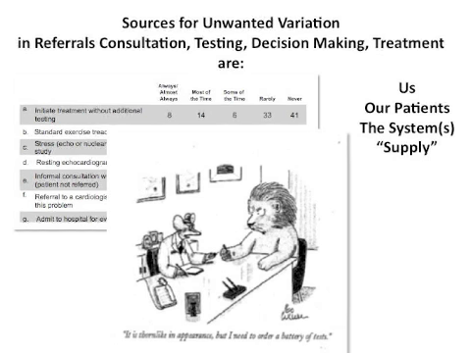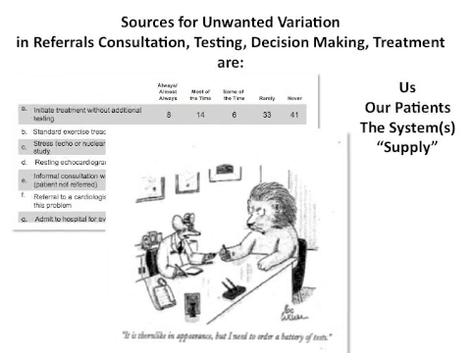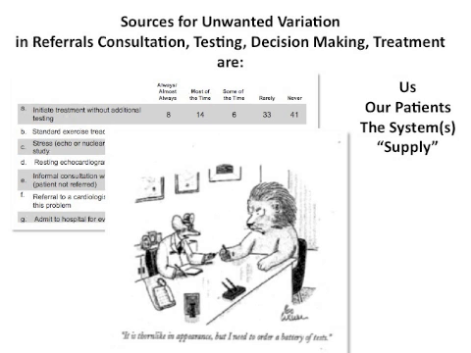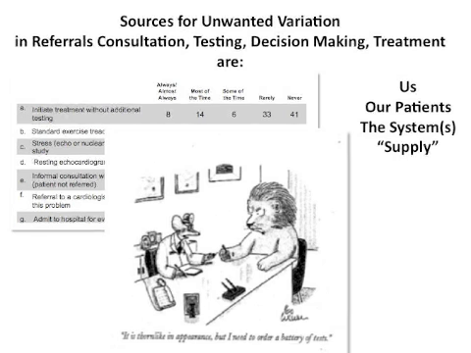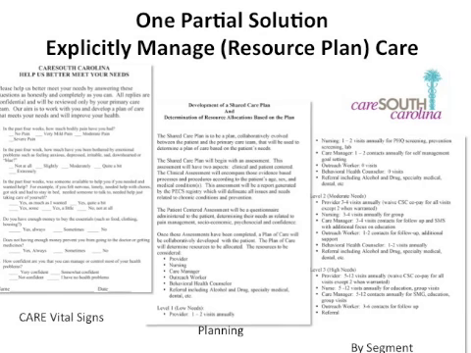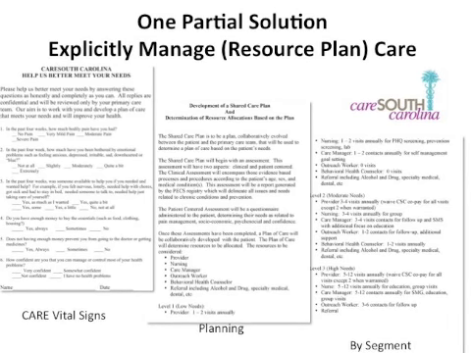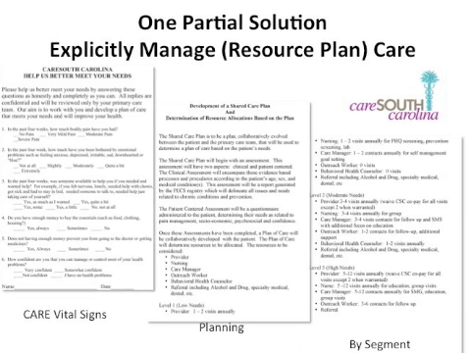And the remainder of this session will be talking a bit about why we vary and how we possibly can make the variation less and make our care more reliable. One method, again and again demonstrated by Care South Carolina, is to play it simple and explicit.